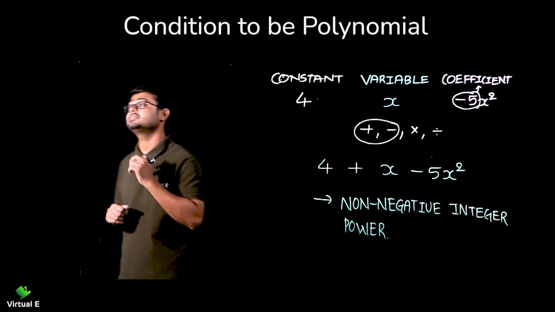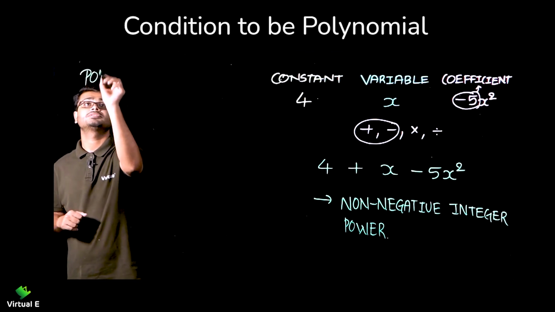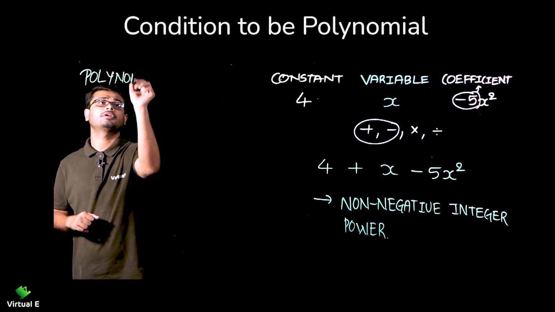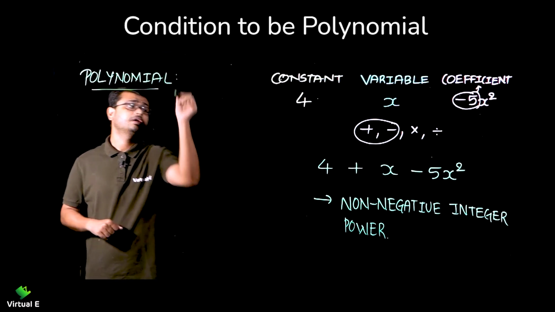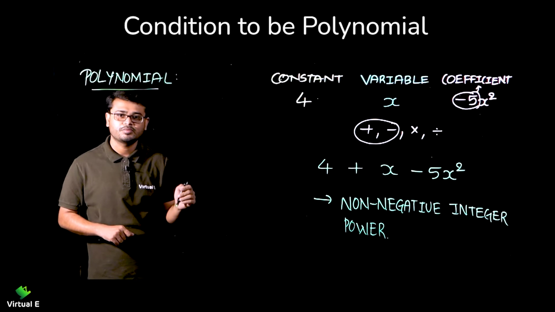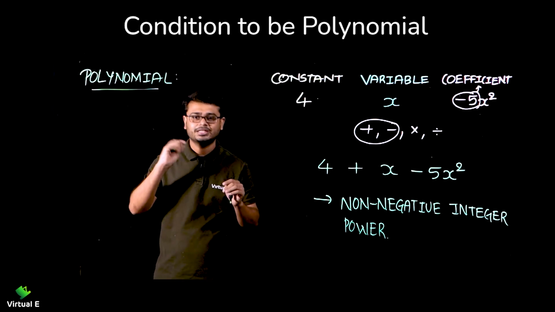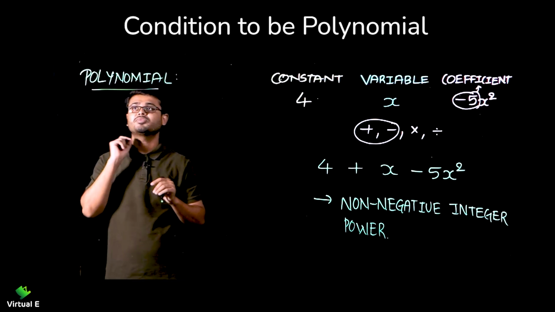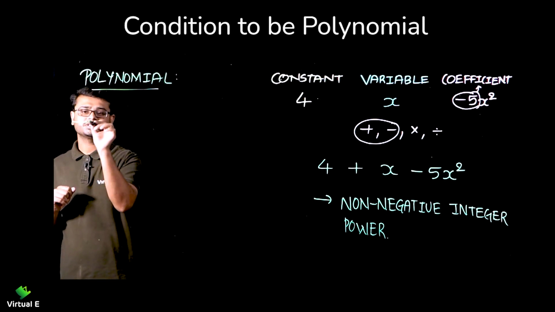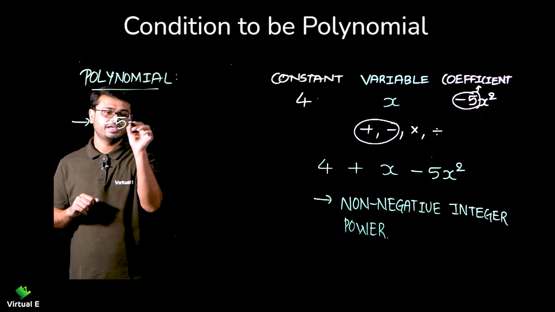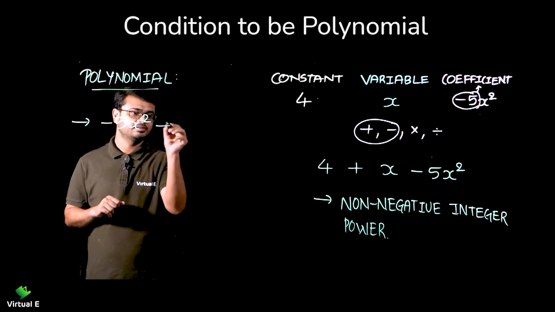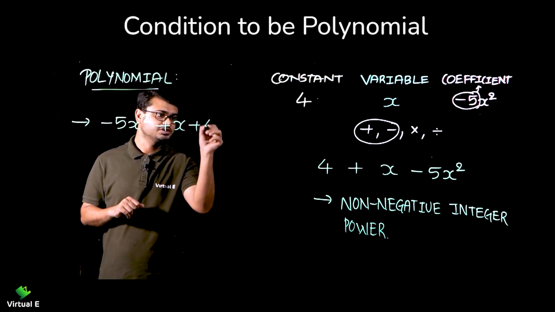Let's give a title, polynomial. Now what's the condition? Non-negative integer power. Let's write a few algebraic expressions and decide whether each is a polynomial or not. First of all, let's take the same one, minus 5x square plus x plus 4.